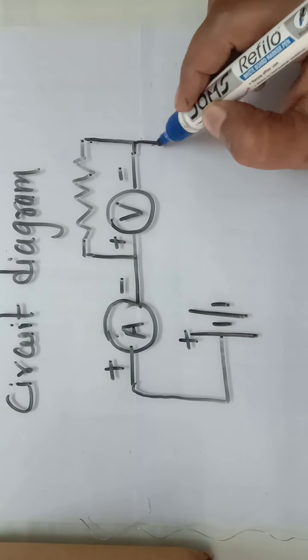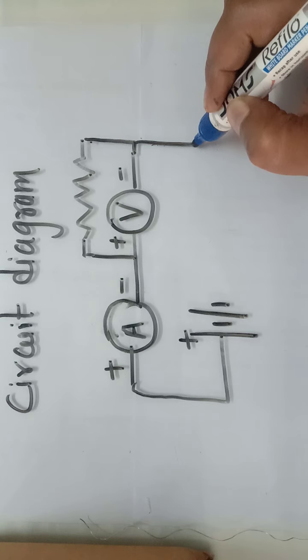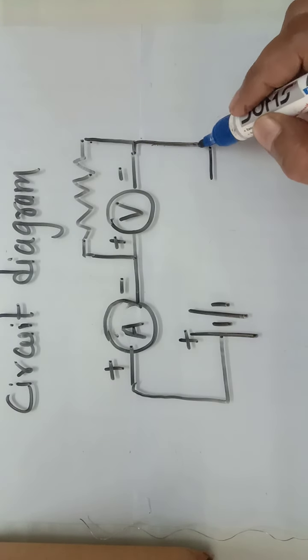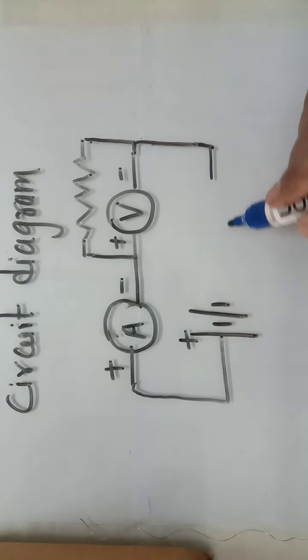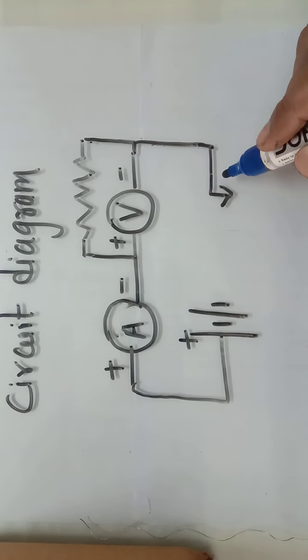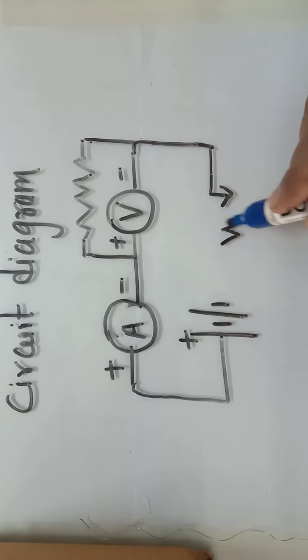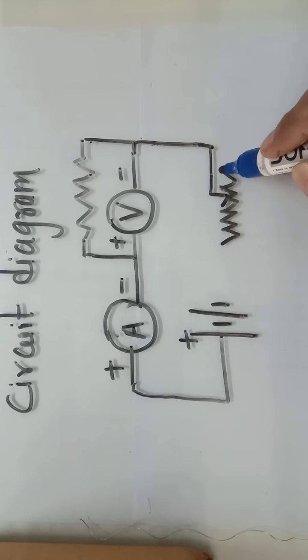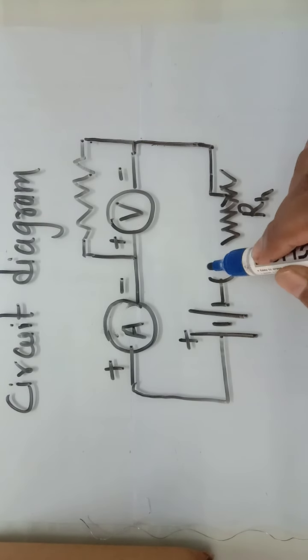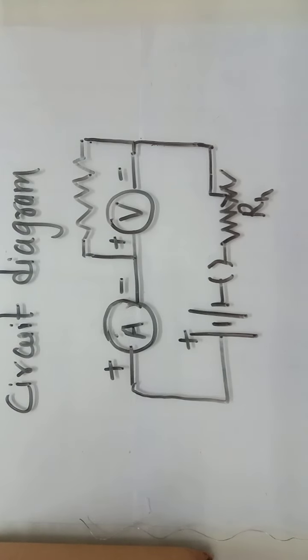And by connecting wire, we will join a rheostat for controlling the resistance, to control the current. This is a rheostat RH, and connect a key with it.